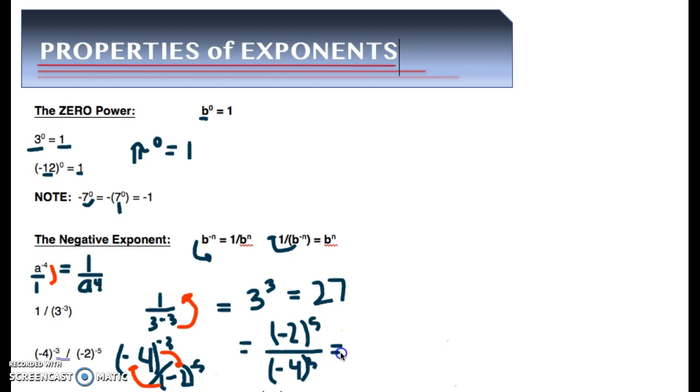So let's multiply these numbers out. A negative 2 times negative 2 times negative 2 times negative 2 times negative 2 is a negative 32 in the numerator. Downstairs, a negative 4 to the 3rd power is a negative 64. My negatives are going to cancel out, and I will be left with a positive 1/2.